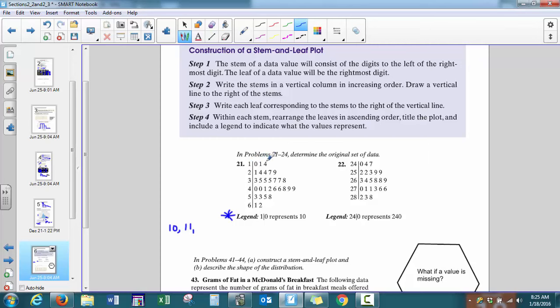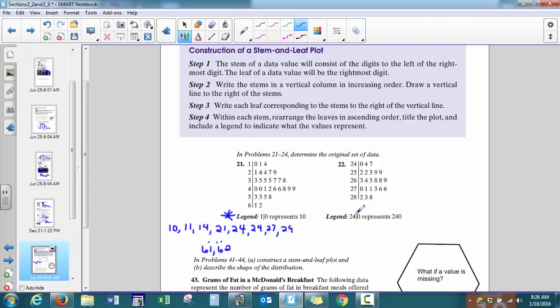You have a 1 in front, a 4 in back. That means that's 14. And we continue going down the line. And for time's sake, continue doing that all the way through the last set of numbers, 61 and 62.